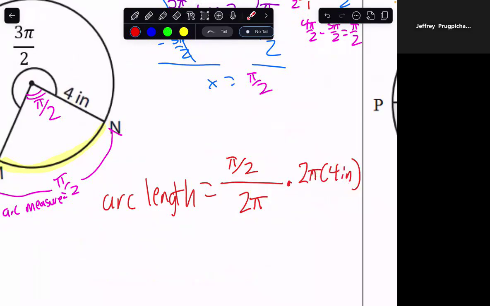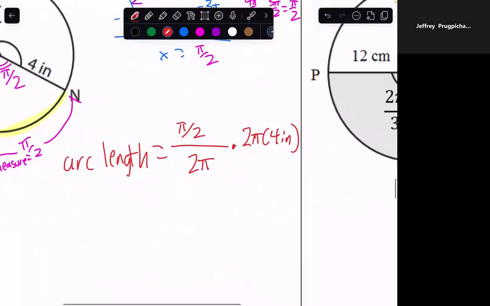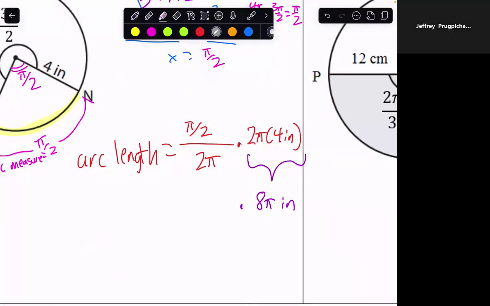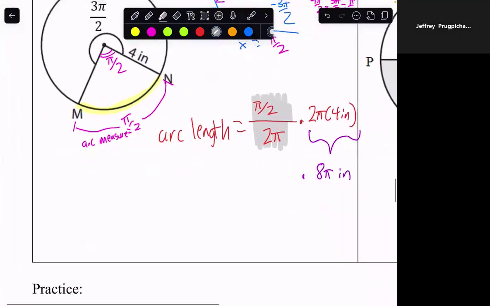There's different ways you can simplify this, but the way I'll do it is first I'll just combine these up. 2 pi times 4 inches would be 8 pi inches. And then over here, I need to simplify pi over 2 all over 2 pi. Fraction bar means divided by.